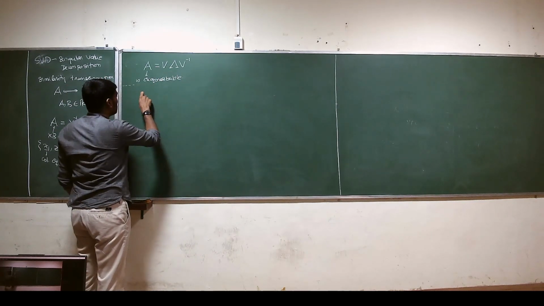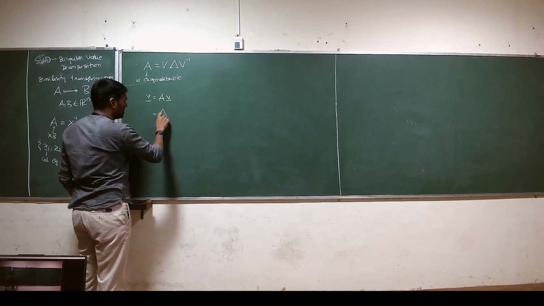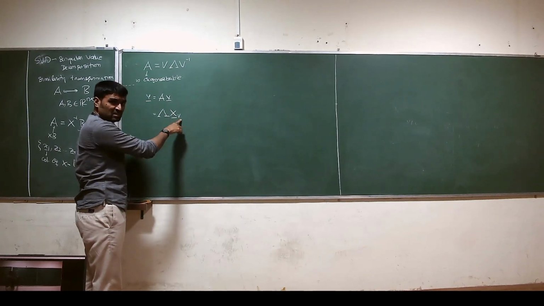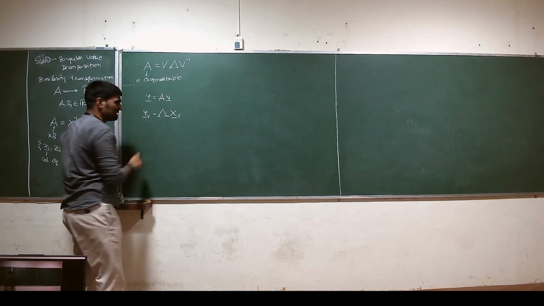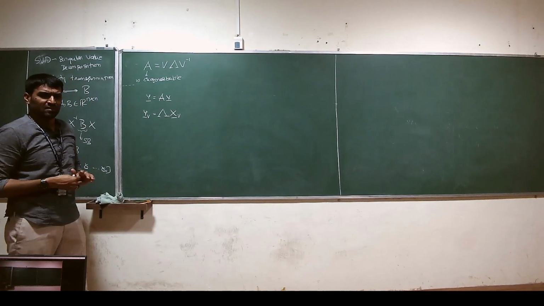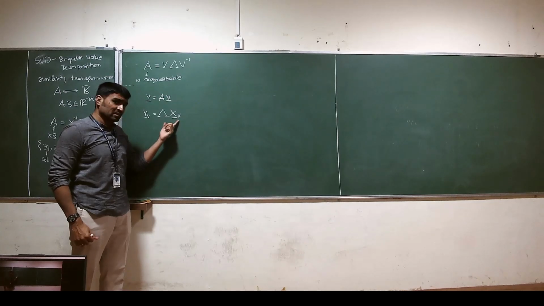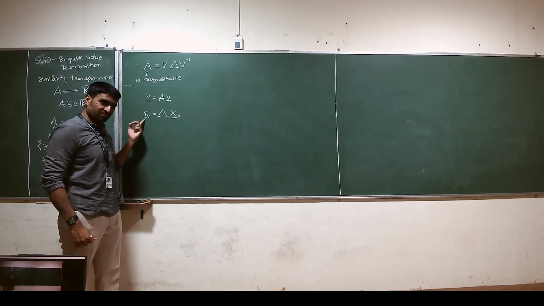For example, if y equals Ax in the standard basis, then I know that xv, the representation of x in the V basis, multiplied by lambda will give me y represented in the V basis. This I know, right?